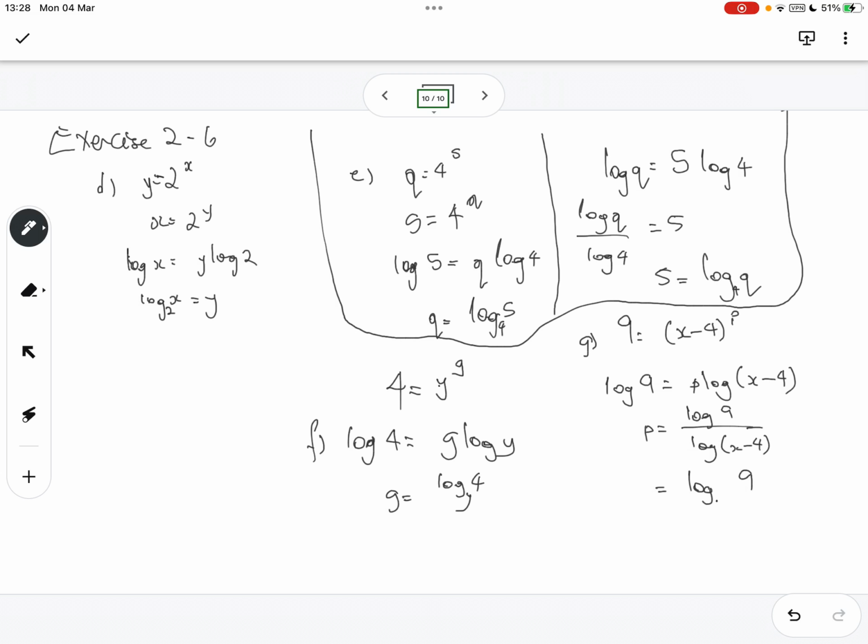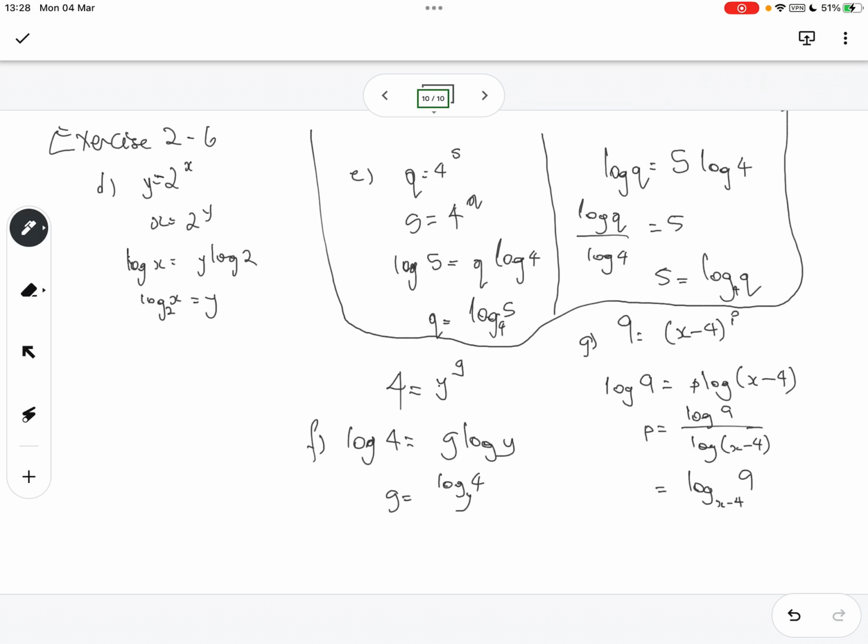It's not that straightforward. Anyway, this will equal log 9 base x minus 4. Then the answer to number G is log 9 to the base of x minus 4 equals p.